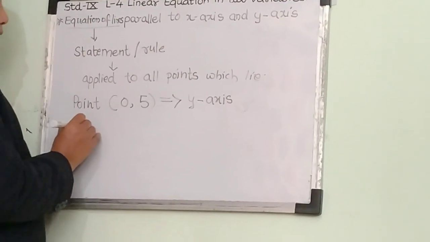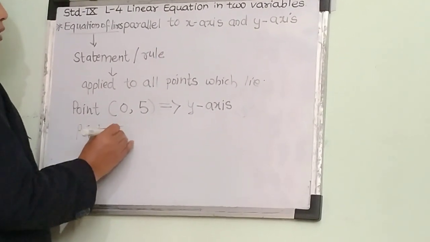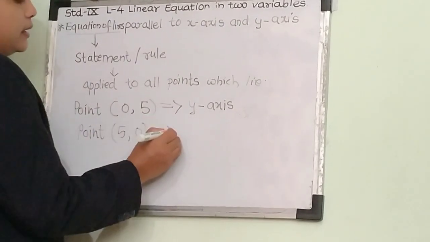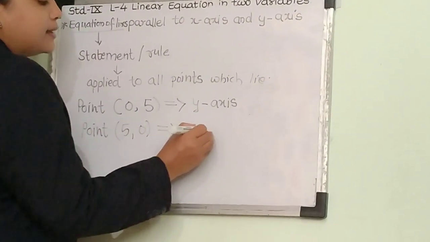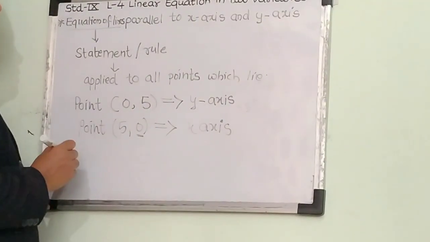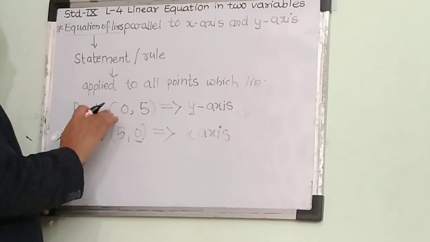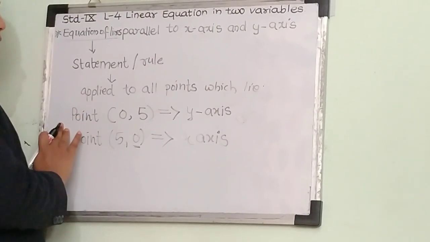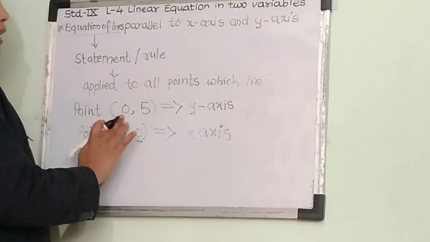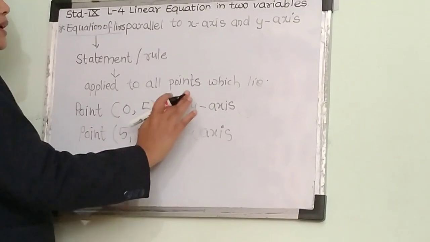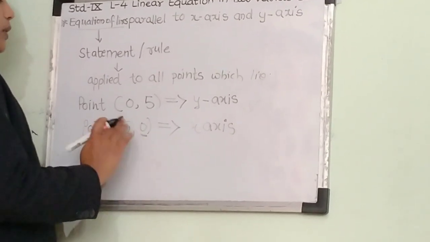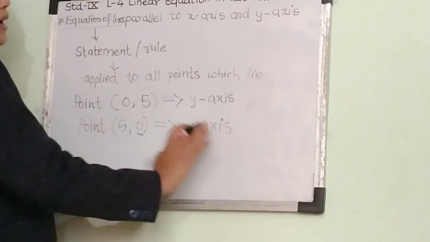Or if I take another point, that is 5, 0, then we can say that this point lies on the x-axis, because here the y coordinate is 0. So already we learned in lesson number 3, coordinate geometry, that if the x coordinate is 0, then the point lies on the y-axis, and if the y coordinate is 0, then that point lies on the x-axis.